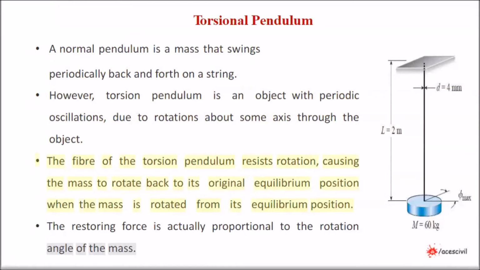The fiber of the torsion pendulum resists rotation, causing the mass to rotate back to its original equilibrium position when the mass is rotated from its equilibrium position. The restoring force is actually proportional to the rotation.